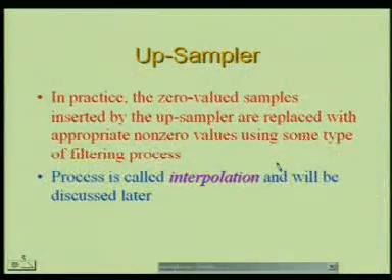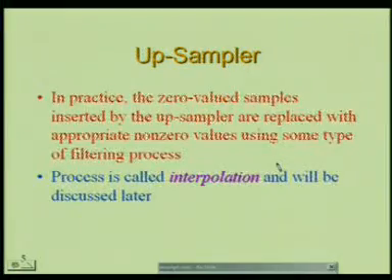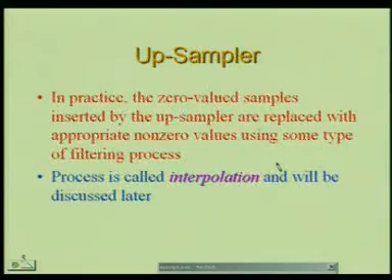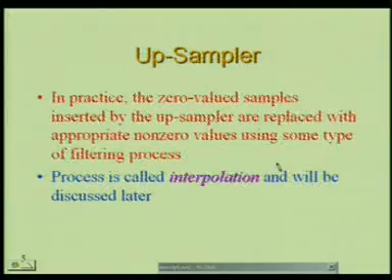In practice, the zero valued samples inserted by the upsampler are replaced with appropriate non-zero values using some type of filtering process. This is our next step. Otherwise, the interpolation business could have been very simple and we need not read so much literature.